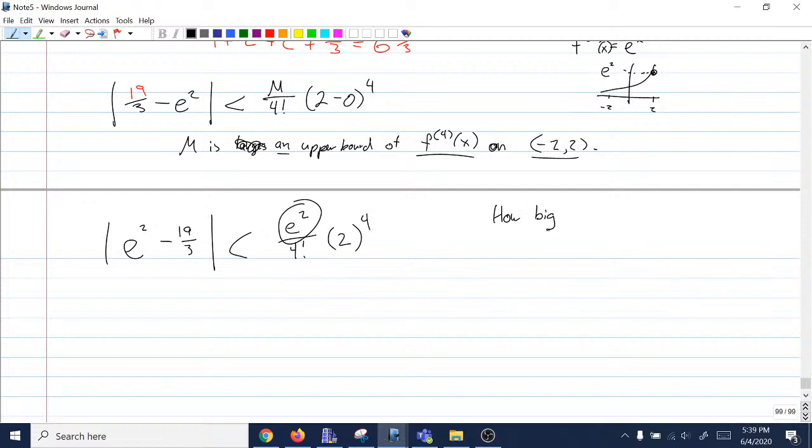I can stick it into my calculator, but that kind of defeats the purpose of coming up with an approximation of e squared. It's less than 3 squared, which is 9. I know e is less than 3. How do I know e is less than 3? Well, that's the kind of thing I could use this type of argument for. I'm just going to use my base level knowledge that e is between 2 and 3. So I've got something that's less than 9 times 2 to the 4 over 4 factorial.